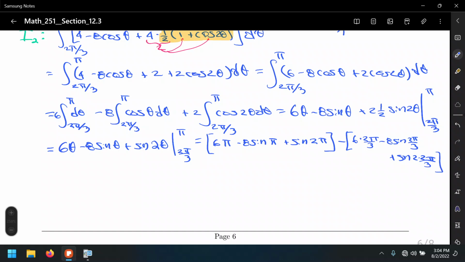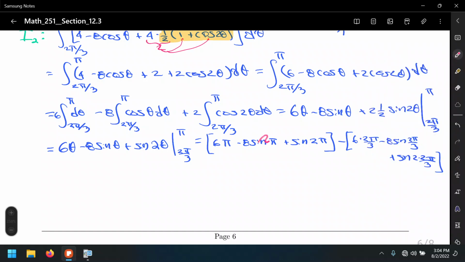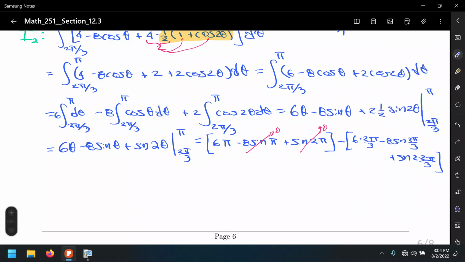Alright? Okay, let's do the calculations for each of them. Number 1, sine of pi. That's going to go to 0 because the sine function has zeros at pi or multiples of pi. Sine 2 pi is also, for the same reason, going to go to 0. And sine of 2 pi over 3 and sine of 4 pi over 3 are going to require their standalone calculation. So we'll see about that.